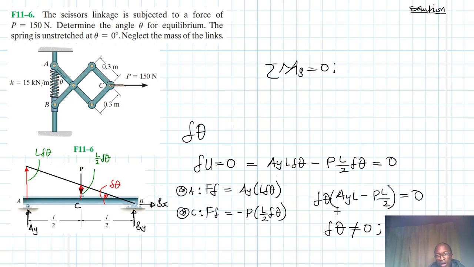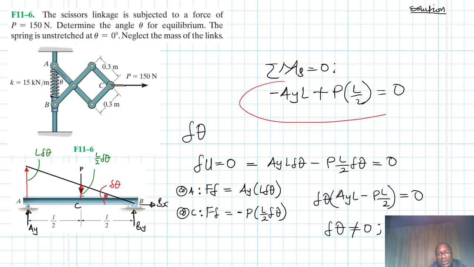Which is equal to 0. If we did so, you will have AY times L, and then you will have P times L over 2 equal to 0.